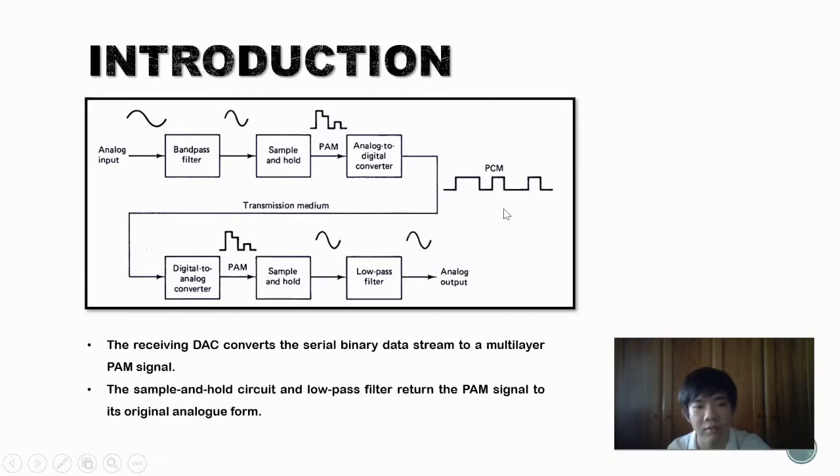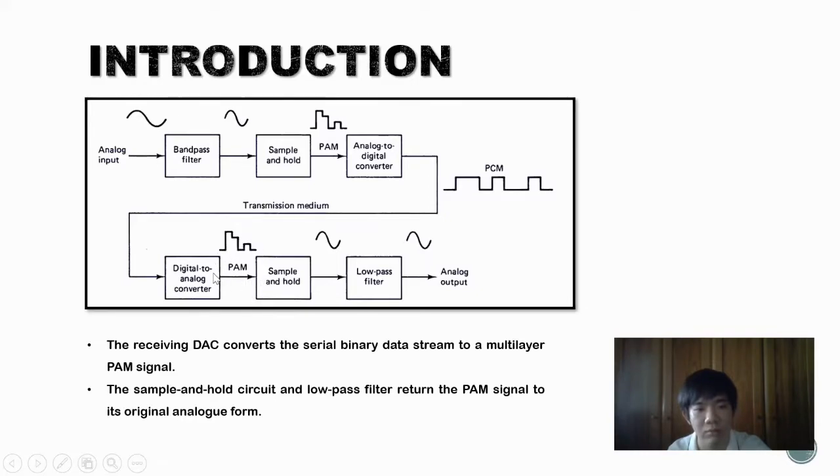At the receiving end, the DAC converts the serial binary data stream to a multilevel PAM signal as previously, and then we go through the digital to analog converter to convert the PAM back.